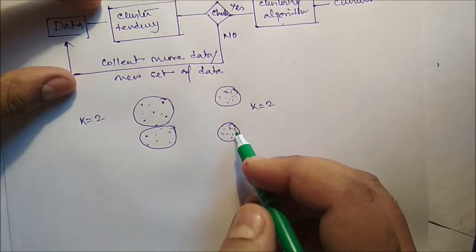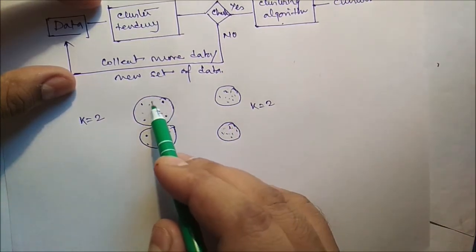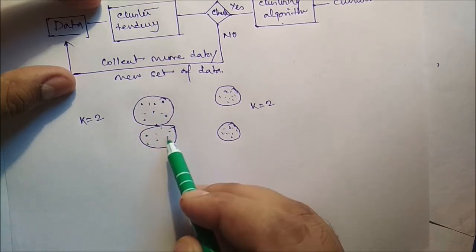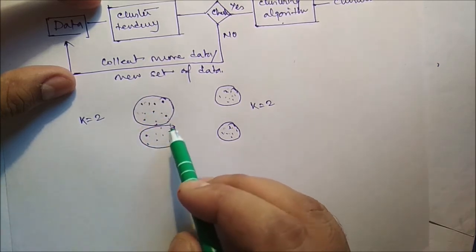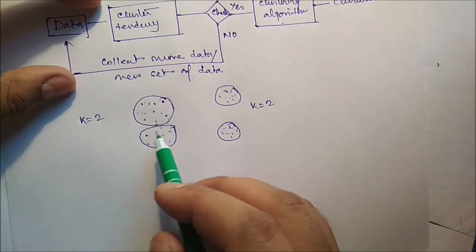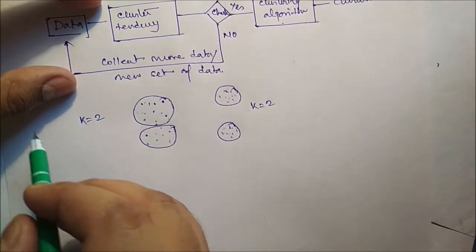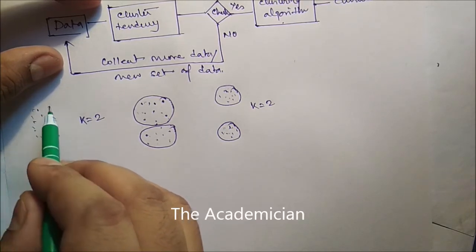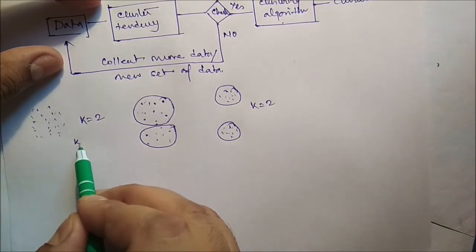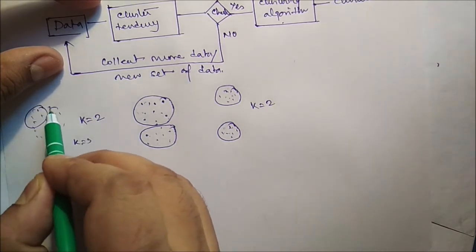So you can see here the clustering tendency is not there, there is a single group, but the algorithm will still identify groups. Similarly, here also there is a single group, and if you apply k equal to 3, it will anyhow identify the groups.